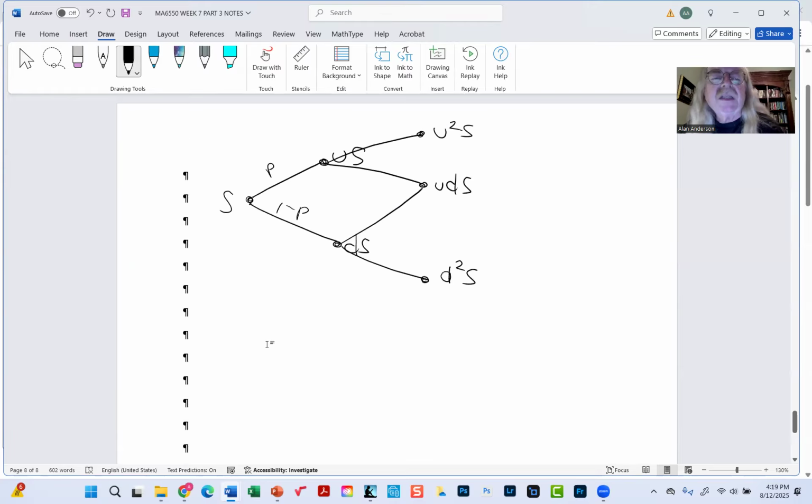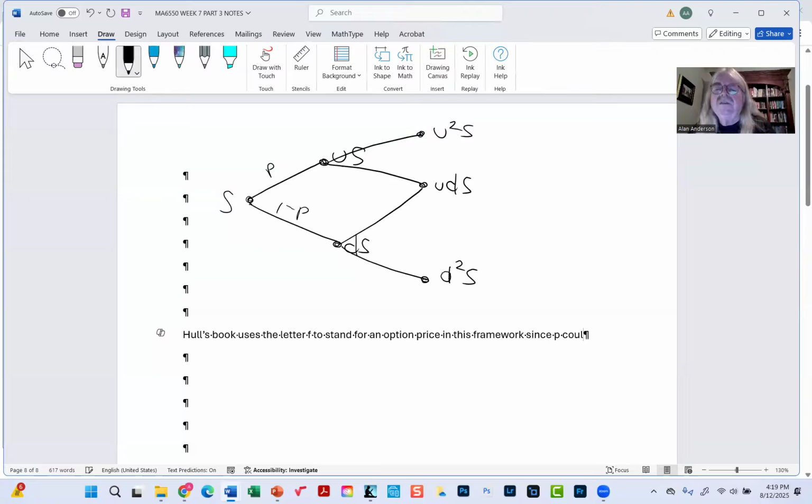Now, in Hull's book, on which this whole course is based, he comes up with an interesting idea. He uses the letter F to stand for option price in this framework. Why is that?